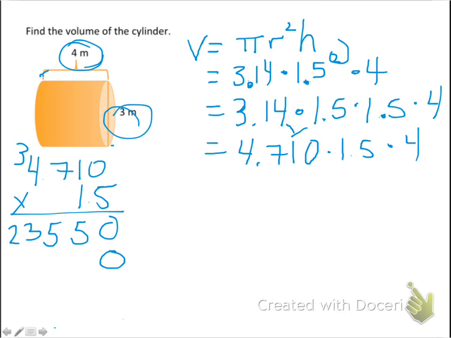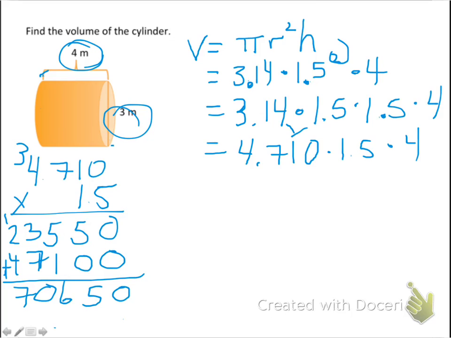Add a 0. 1 times 0 is 0. 1 times 1 is 1. 1 times 7 is 7. 1 times 4 is 4. Well, that doesn't look like a 7. And then I add these two together. 0, 5, 6, 10, 4, 5, 6, 7.